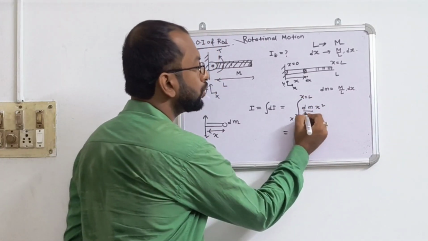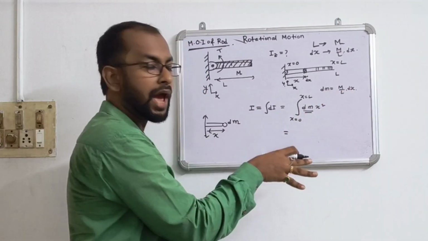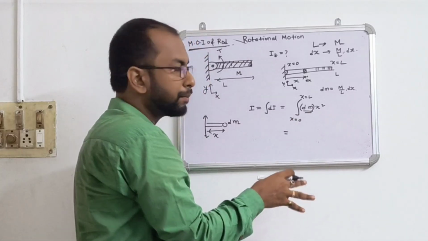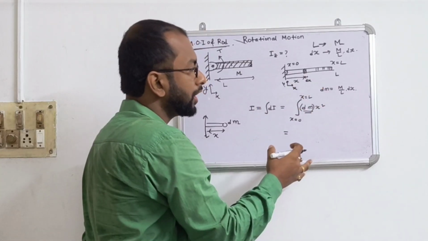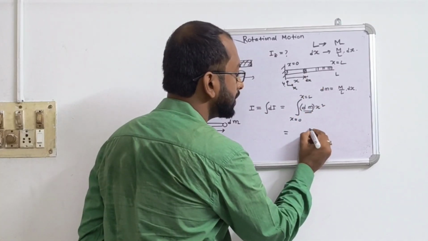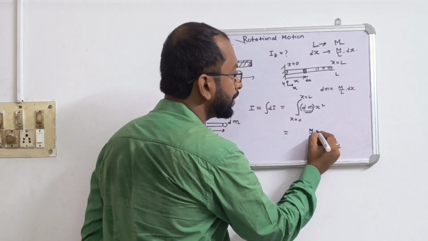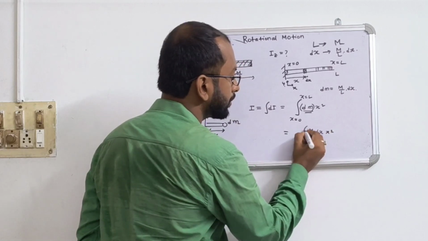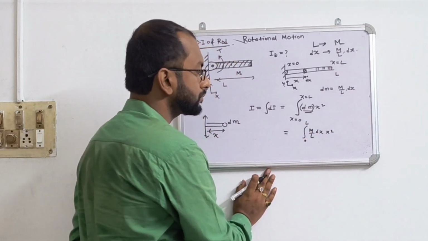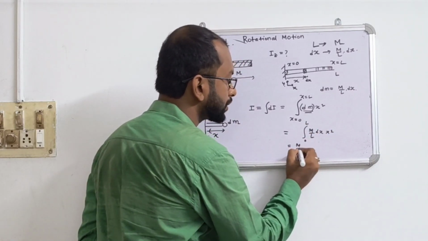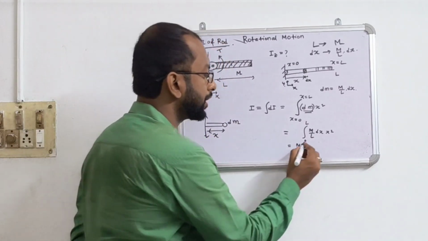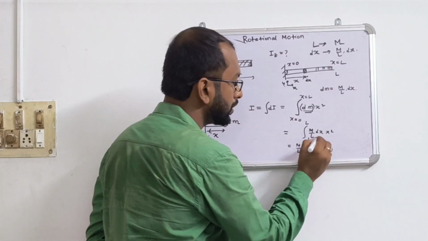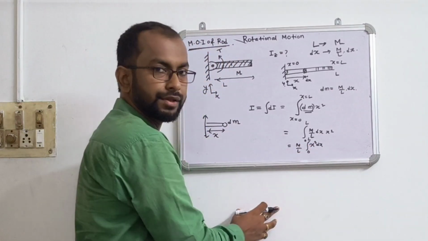Now dm, you know, is M by L into dx. So we have to express all the variable terms in the integration in terms of dx. So we can replace the dm with dx, and x square was already there, so x square from 0 to L. Now M by L is constant for a particular rod, so it will come outside of the integration, and it will be just the integration of x square dx from 0 to L. The integration of x square dx is x cube by 3.